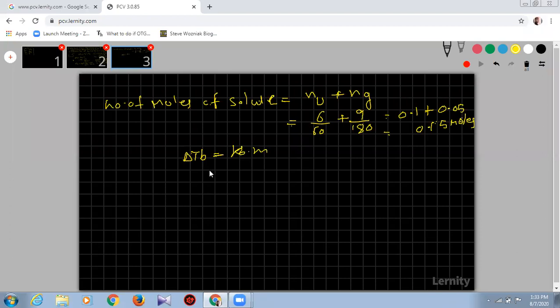What is the KB value? It was already given, 0.52, into the number of moles, 0.15, by the weight of solvent. The solvent is 300 grams, so I will convert it into kg by dividing by 1000, right? That is the case.